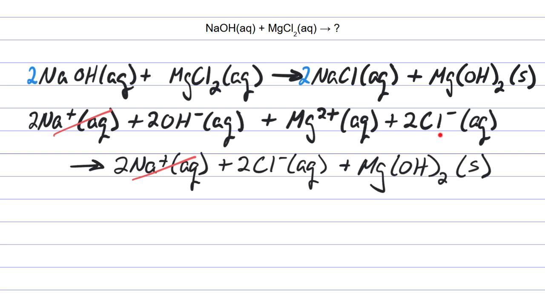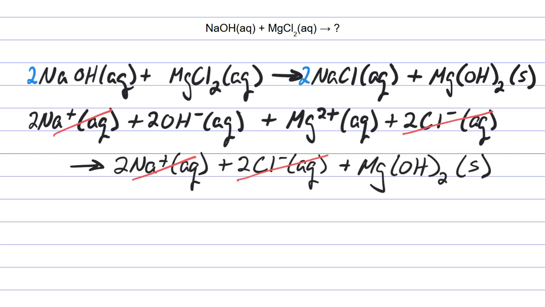My other reactant is 2 chloride ions in the aqueous phase, and here on my product side I also have 2 chlorides in the aqueous phase. And so I am going to cancel those out as well because those are spectator ions.